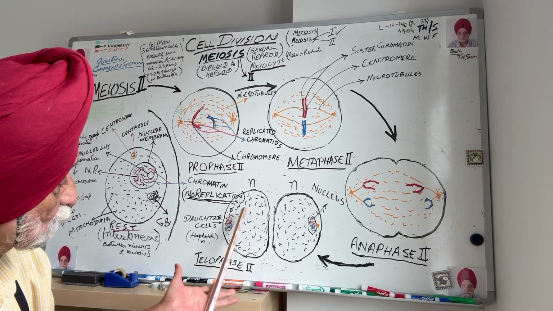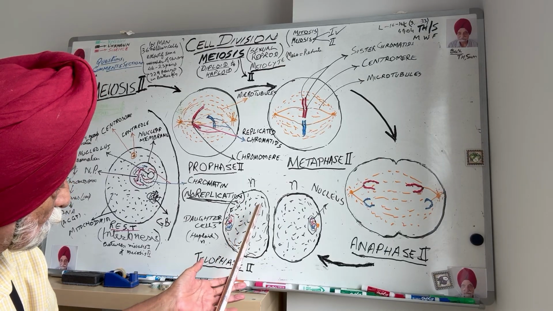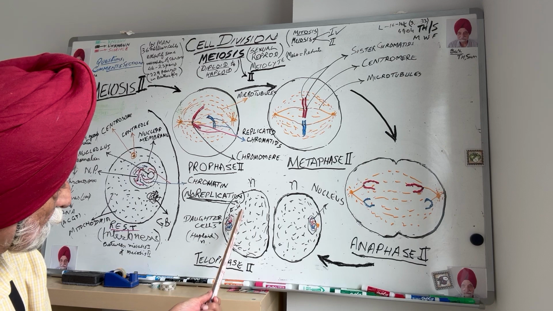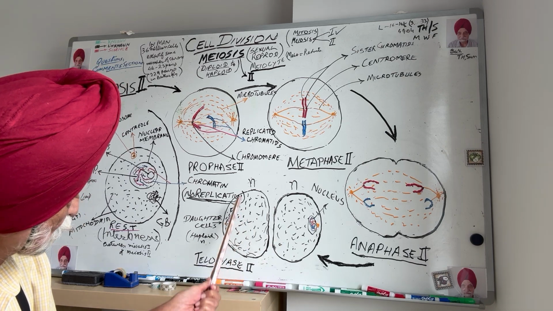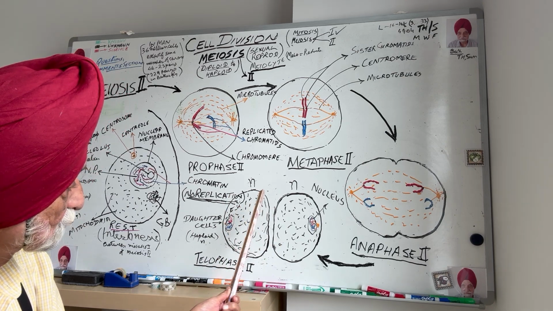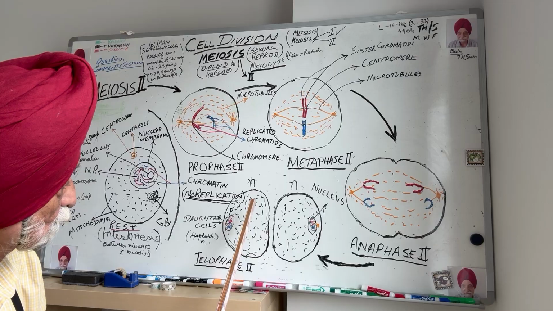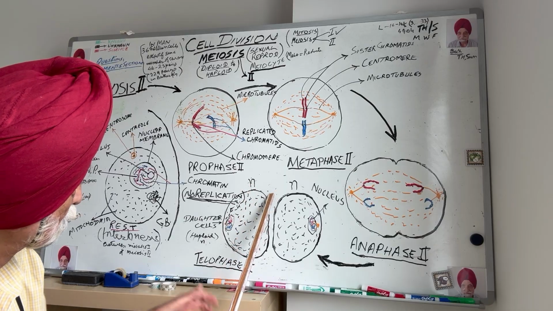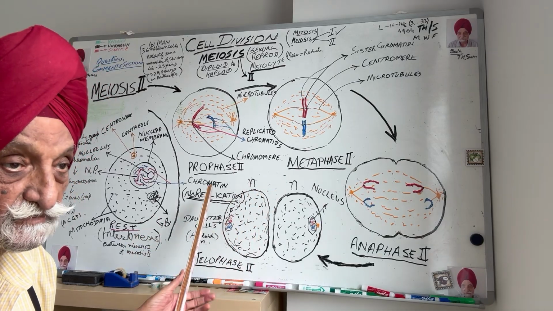I mean, the Golgi body, the mitochondria, the nucleolus, etc. But these two daughter cells with haploid chromosomes are now ready.